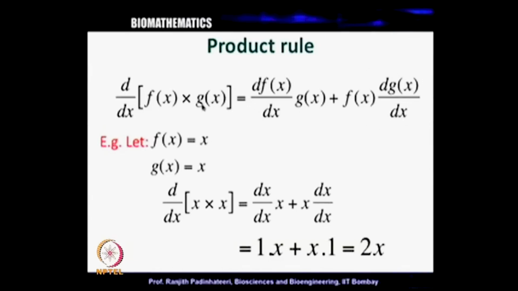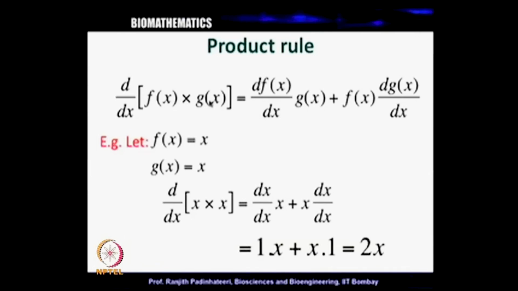This is the formula, and now let us take the simplest example. f of x is x itself, g of x is x itself. So, x times x is x square. Last time, if you remember, we learned the derivative of x square.